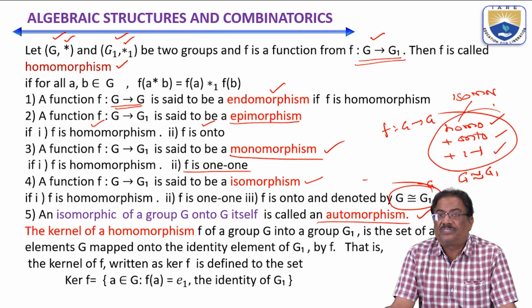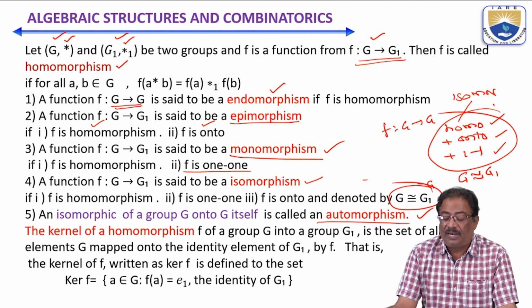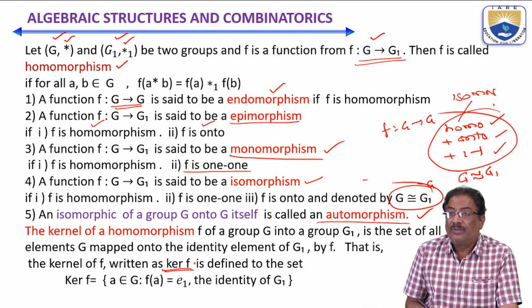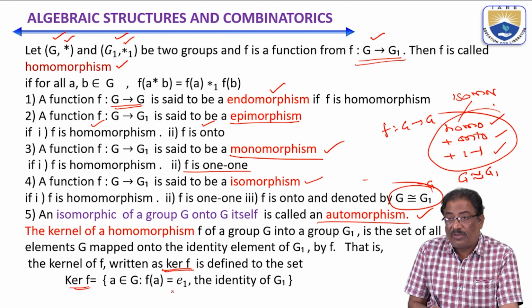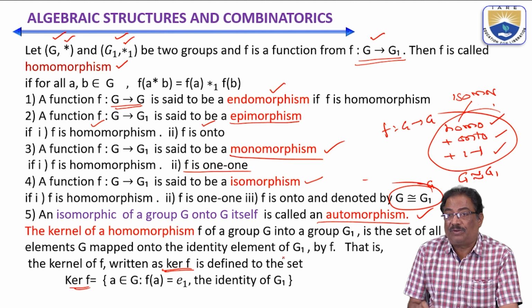And the next definition is the kernel of a homomorphism. If F is a mapping from G to G1, the kernel is the set of all elements of G mapped onto the identity element of G1 by F. It is written as ker F. So ker F is equal to the set of a belonging to G such that F of a equals e1, where e1 is the identity element in G1.